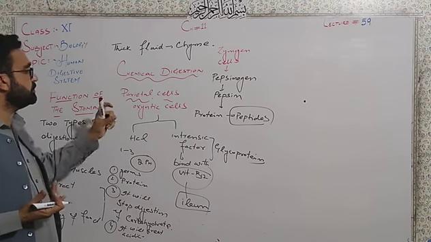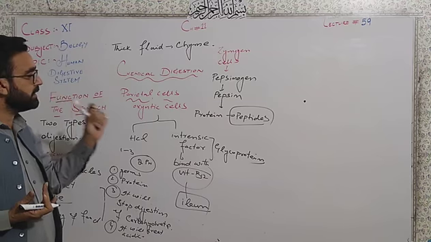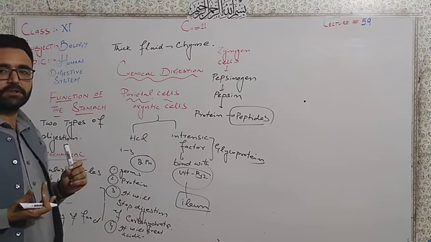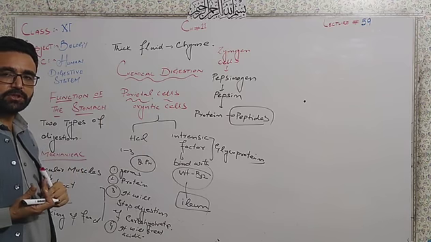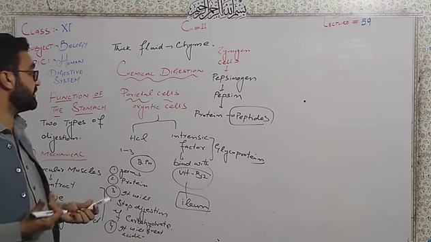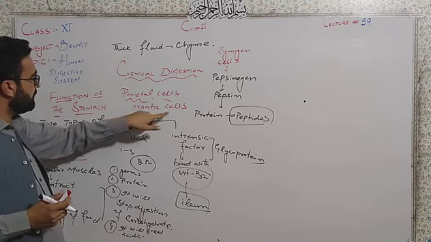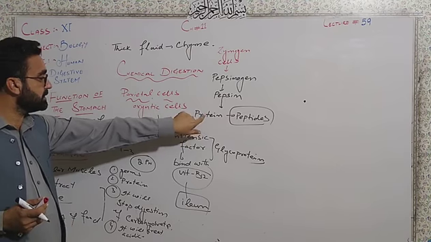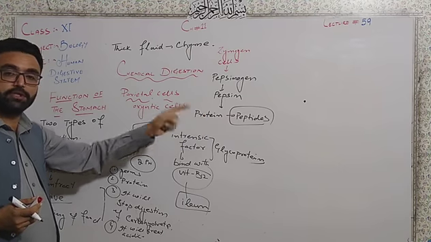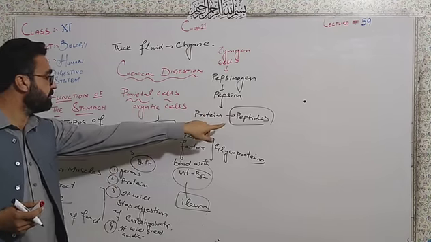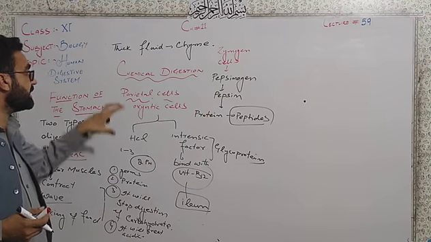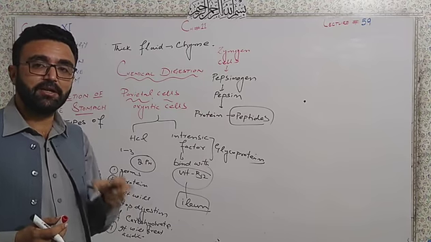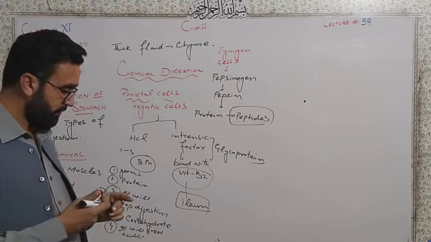Now this chyme will be pushed towards the pyloric sphincter, where it will get into the small intestine, where the rest of the digestion will take place. But the protein digestion is also incomplete because we need to convert protein into amino acids, but they are converted into peptides, so it's not a complete digestion. That's why digestion in the stomach is called incomplete digestion.